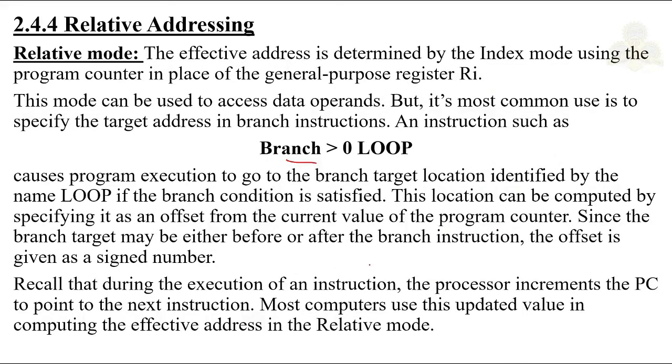How is this location calculated then? The location is computed by specifying the offset from the current value of the program counter. Since, as we had already discussed, the loop may be either before or after the branch instruction, this offset has to be a signed number, either plus or minus.